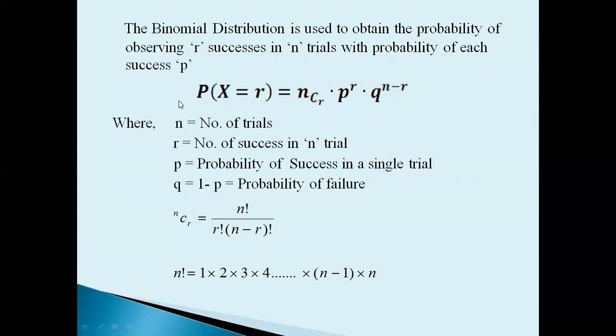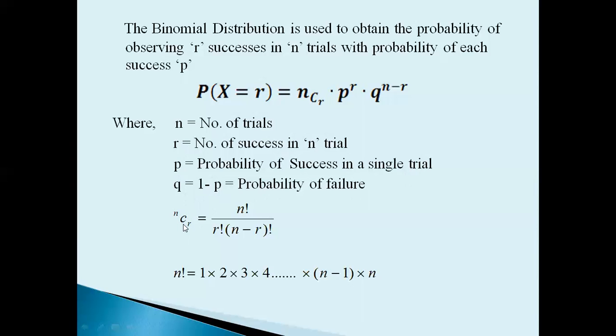Here is the formula to find the probability for the binomial distribution, where n denotes the number of trials, r denotes the number of successes in n trials, p is the probability of success in a single trial, and q is the probability of failure, which is found by using the formula q equal to 1 minus p.